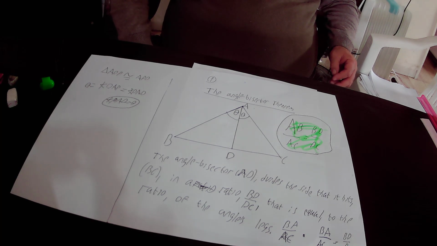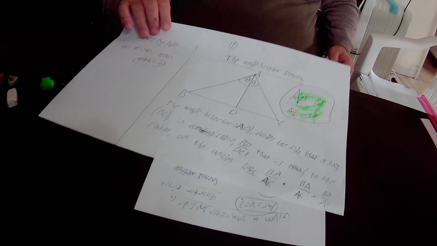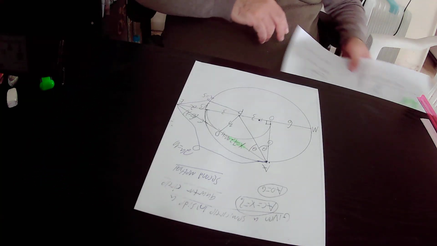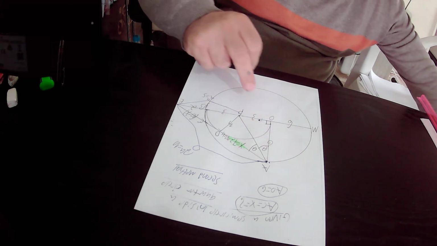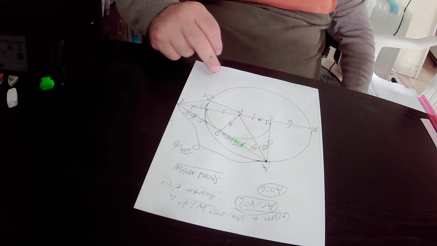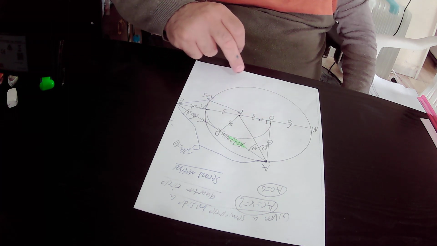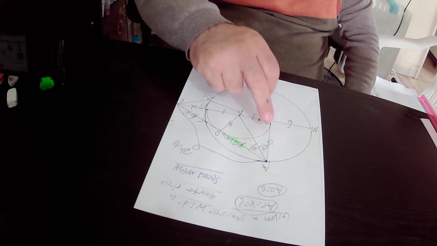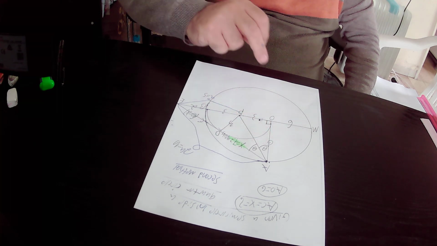Okay, so we can implement the angle bisector theorem in our drawing in triangle AOE, because we have AP, which is an angle bisector: line segment AP divides angle OAE into two halves. Each half equals theta.